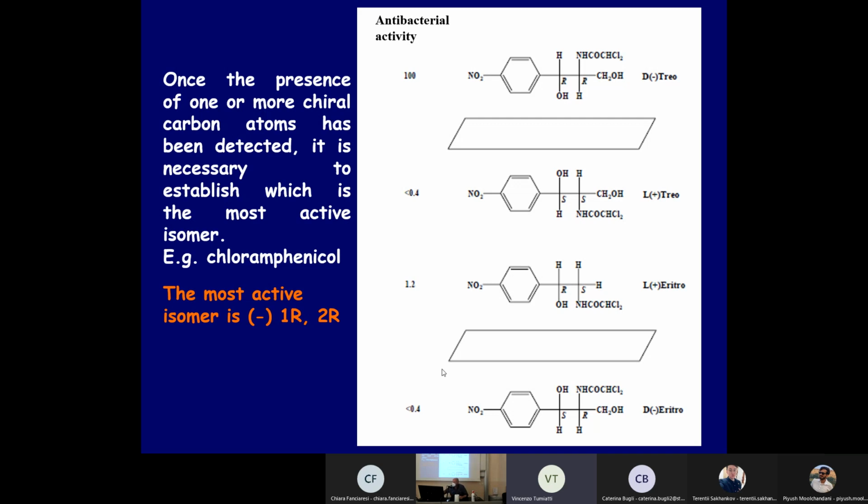So a very high purity of chloramphenicol is necessary, without the other 3 stereoisomers.